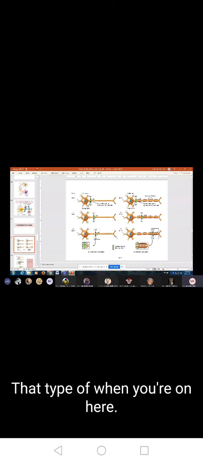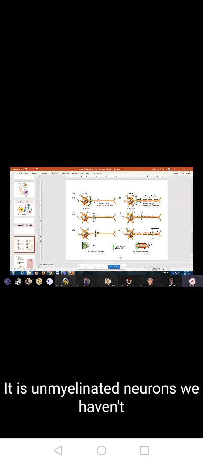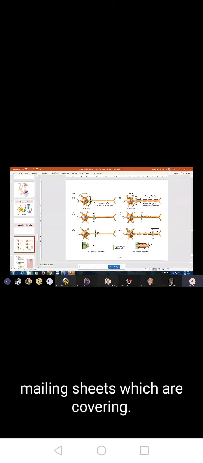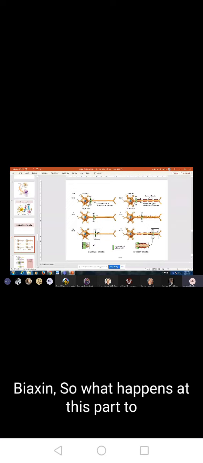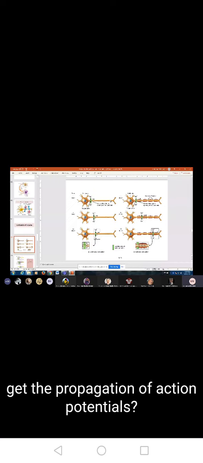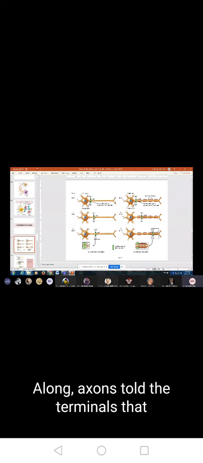That type of neuron here is an unmyelinated neuron. We don't have myelin sheaths covering the axon. So what happens at this part to get the propagation of action potentials along axons toward the terminals?